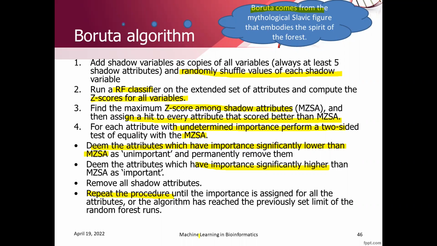So maybe we cannot decide. Therefore, this is a little more complicated comparison: we compute the maximal z-score for the shadow attributes, and we compare the score obtained for the original attributes with this maximal z-score of the shadow variables.